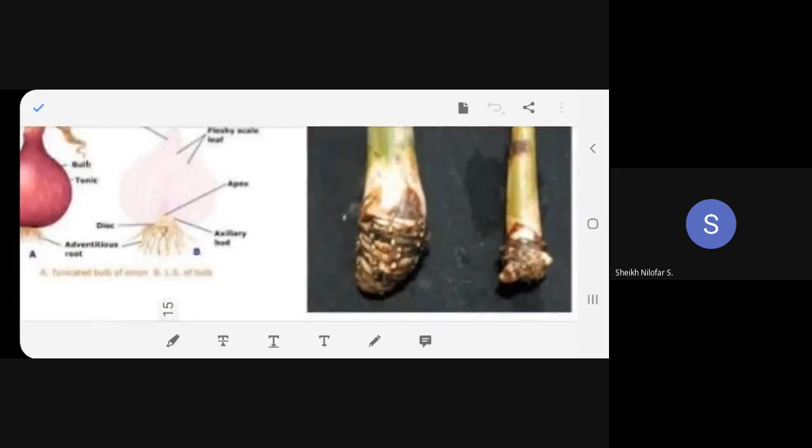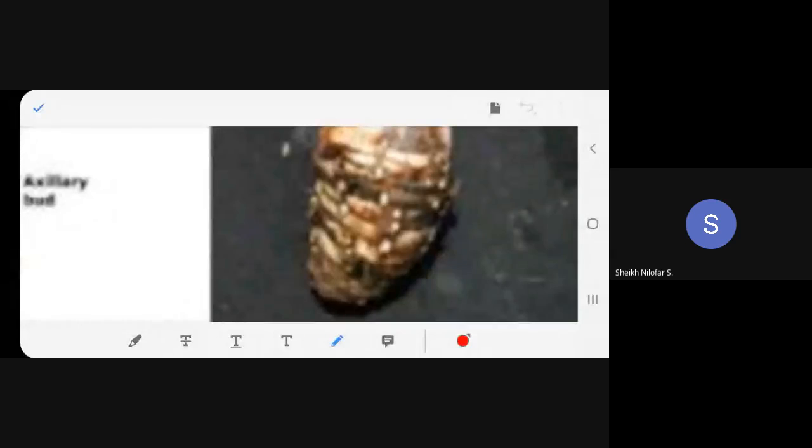The other one is banana. Can you see over here? These are nodes, and see, these are small babies coming out. These are the buds. The bottom of the banana, I said, is inside the soil.